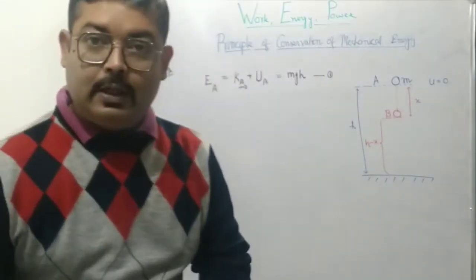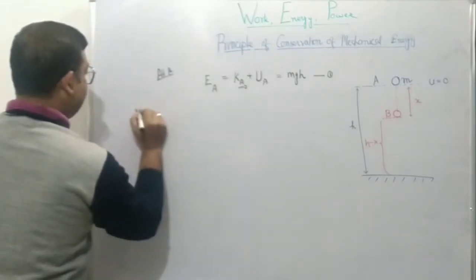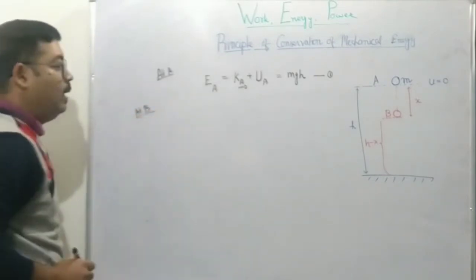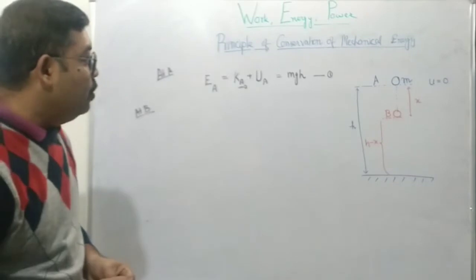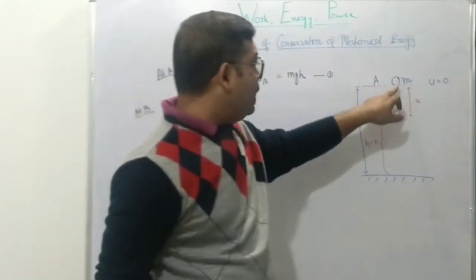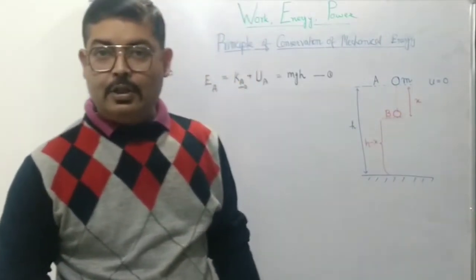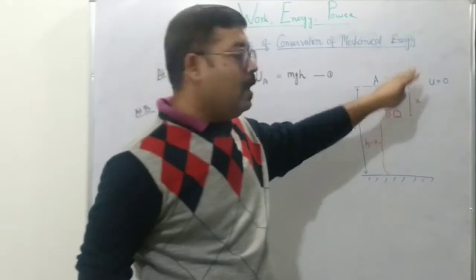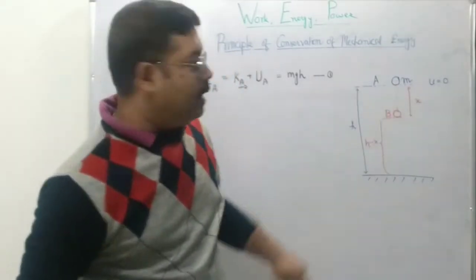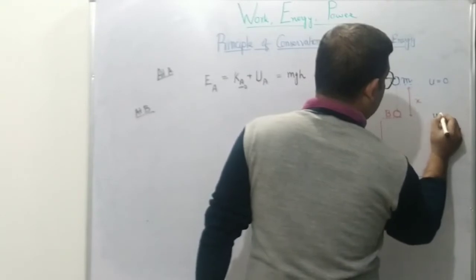So let's consider the total mechanical energy at point B. First thing we need to find out is that since the object is now moving downwards, it will have gathered a certain amount of kinetic energy, or in other words, it has gathered a certain velocity in free fall under gravity. So at B, let's say velocity is v dash.